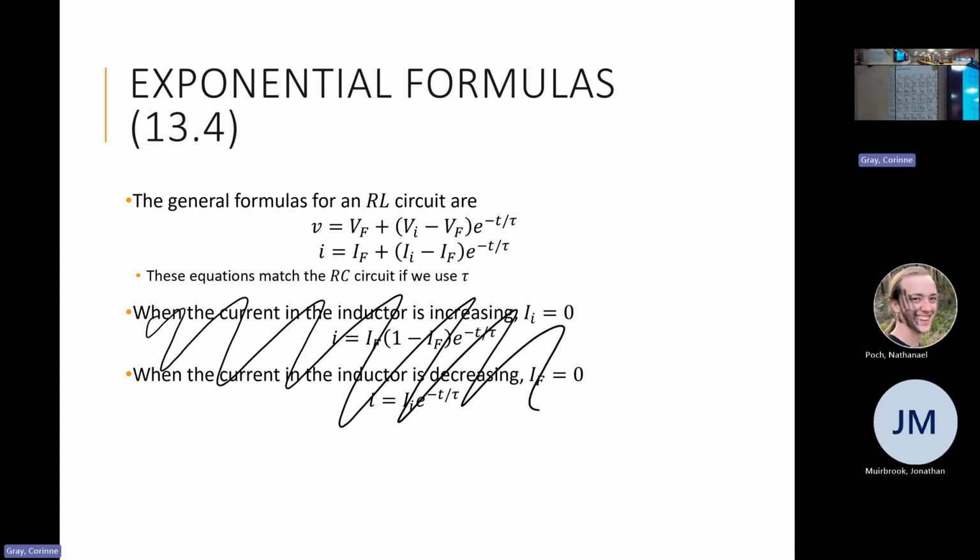In the case of the RL circuit, which we are doing today, that tau value would be equal to L divided by R. So we need to make sure that with these starting equations, we understand what tau we should be using. One of them is RC, one of them is L divided by R.